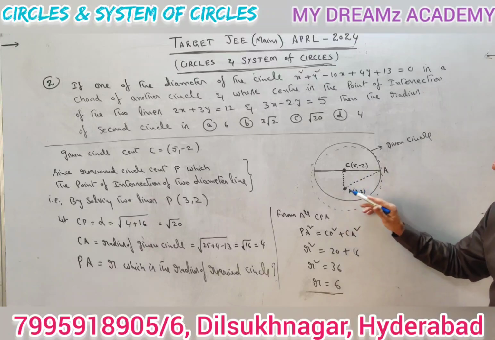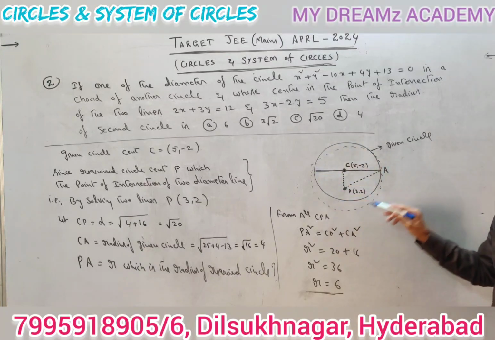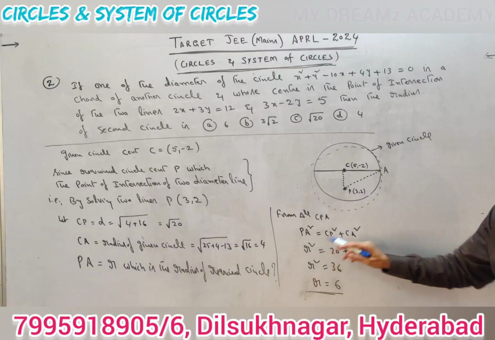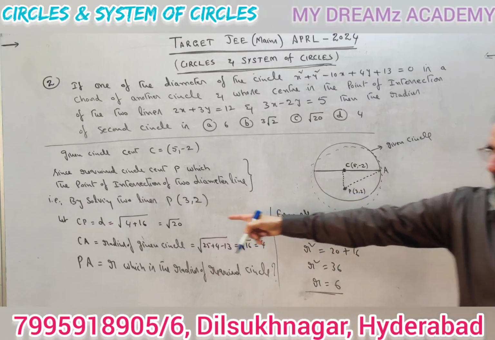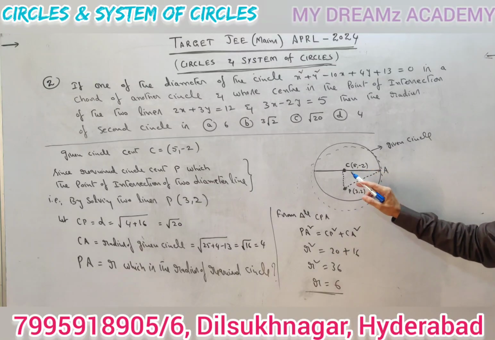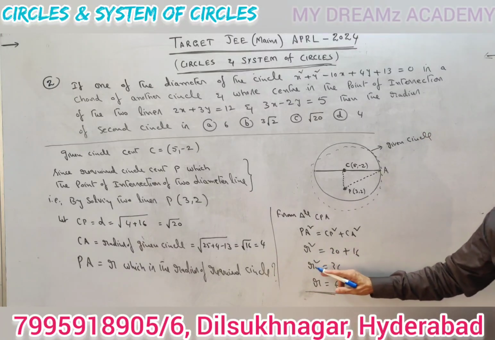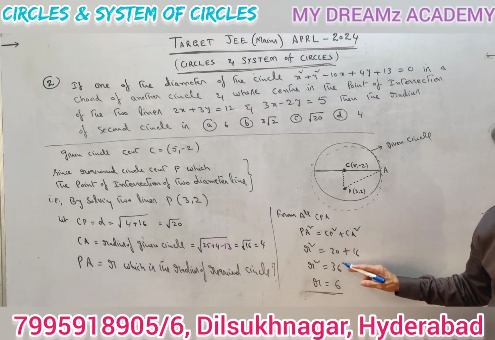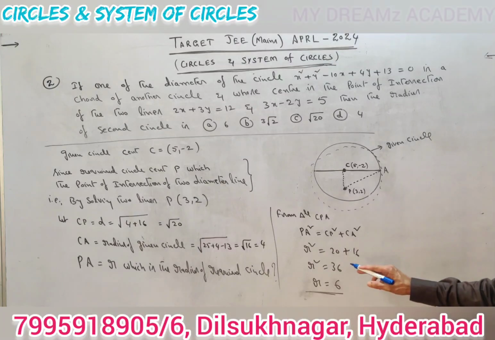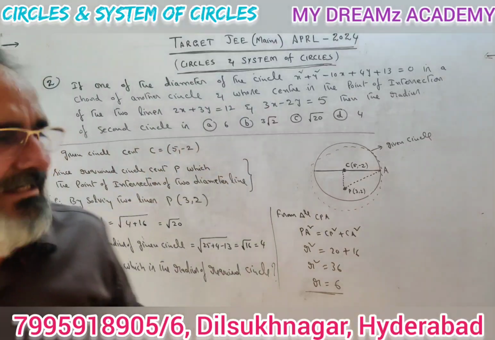PA is the radius we require. CP is the distance, already measured as root 20, squared is 20. CA is the radius of the first circle, so 4. So it comes 16 plus 20, r squared equals 36, so r will be 6. This is the answer for the second question.